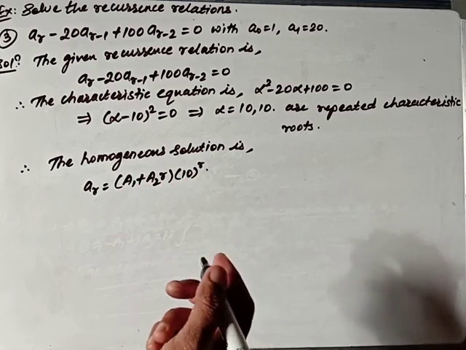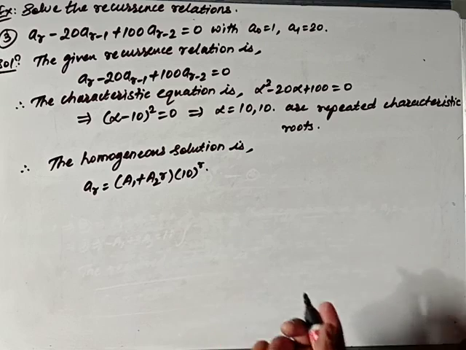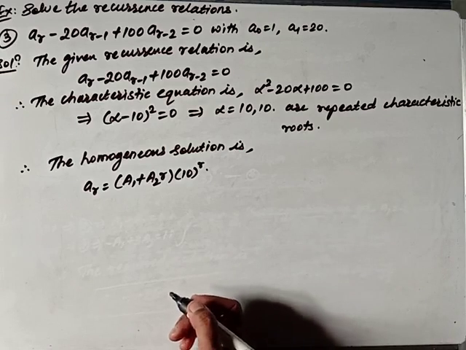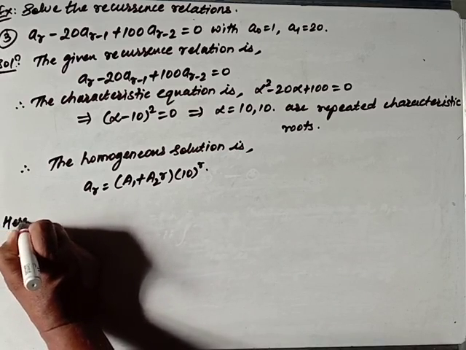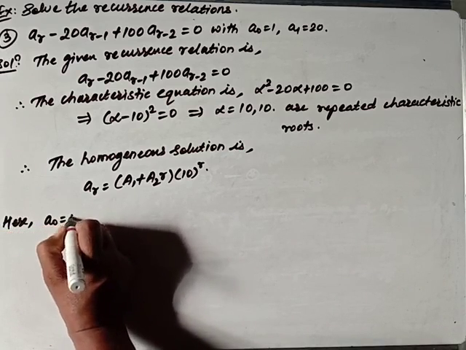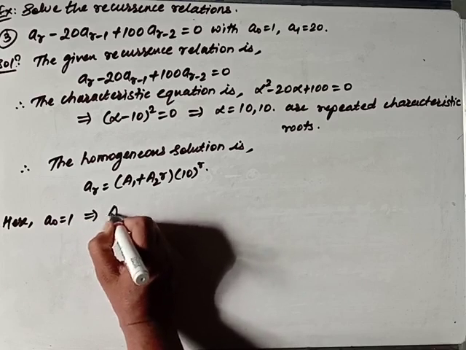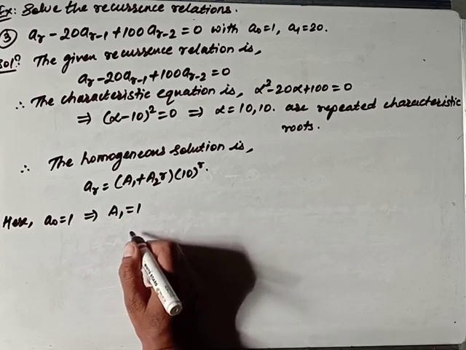Okay. Now, again use initial conditions to find A1 and A2. So here a_0 is equal to 1, so that gives A1 is equal to 1.